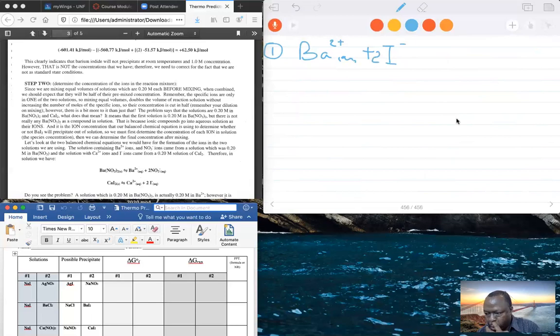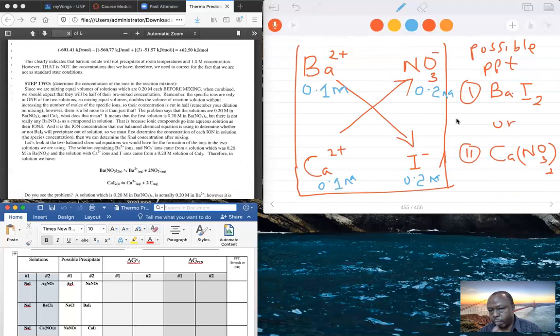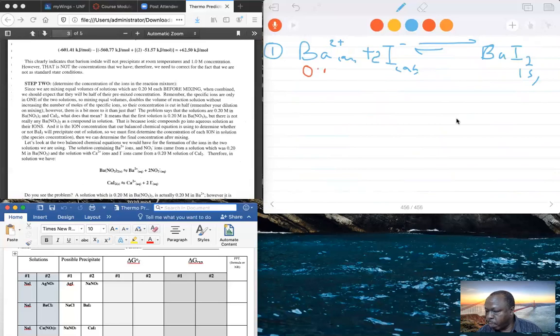To balance the equation, aqueous, it's leaning towards barium iodide like that, barium iodide, and this is solid. Remember our concentration for each when you mix. You don't have to draw this once you figure out how it's going, then you'll be fine. So this is 0.1 molar, and this is 0.2 molar.